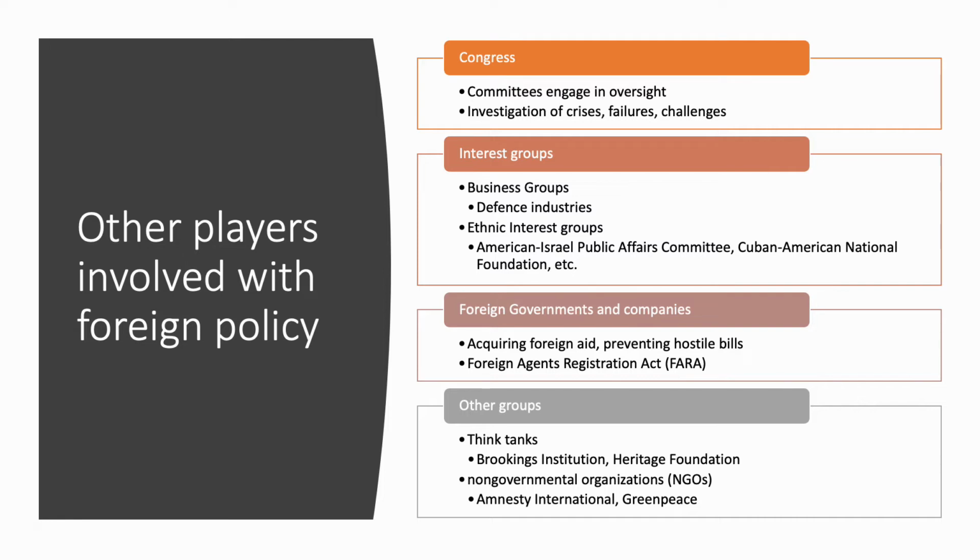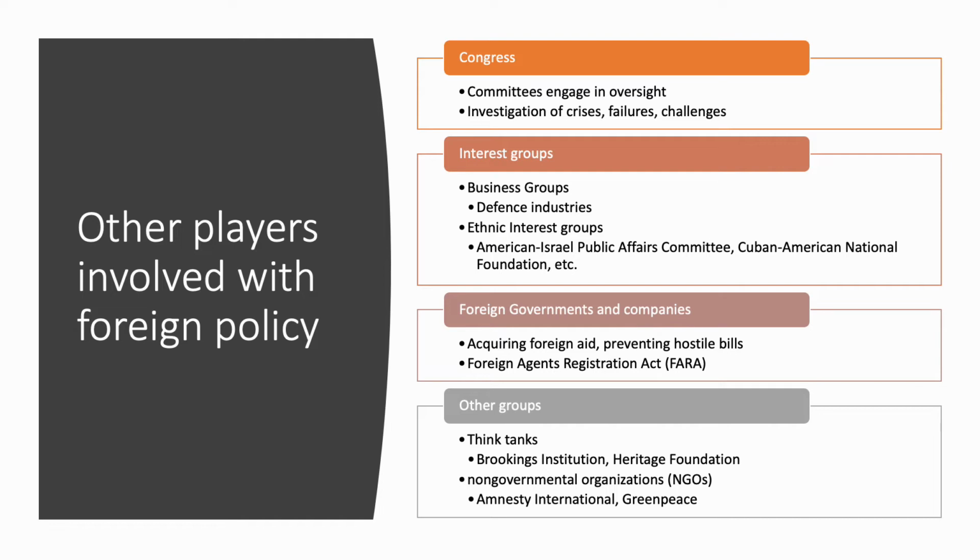There are also important business groups, defense contractors, interest groups that represent people of different ethnicities around the world. So for example, there are interest groups that represent the American-Israeli Public Affairs Committee, the Cuban-American National Foundation.